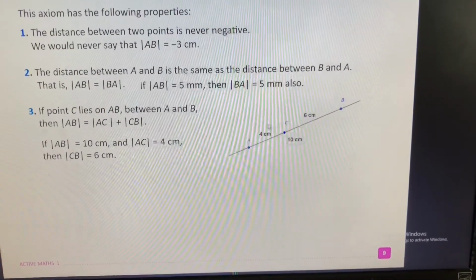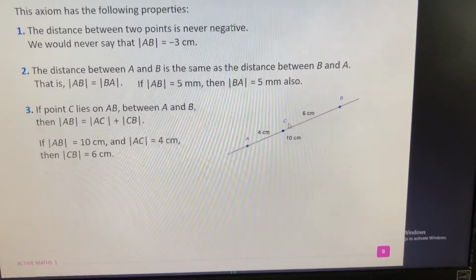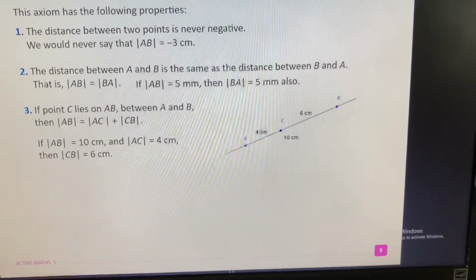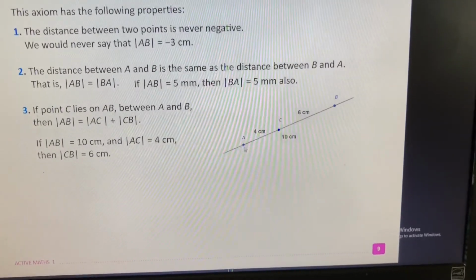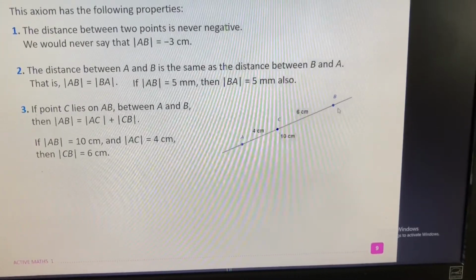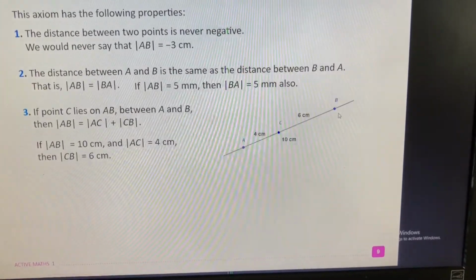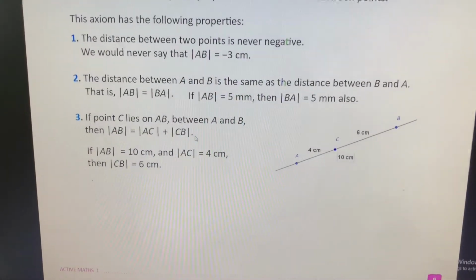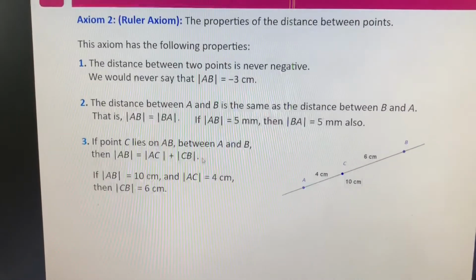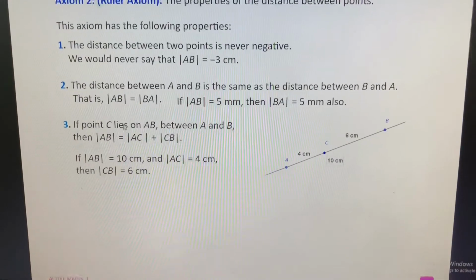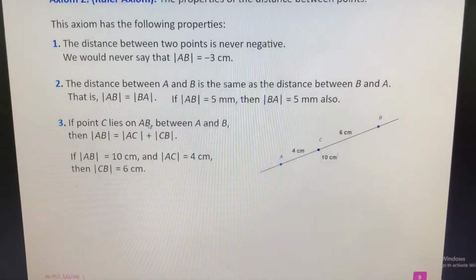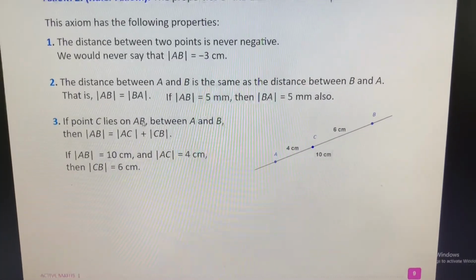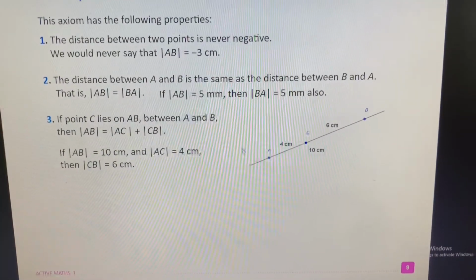A to C measures 4 and C to B measures 6, and together 4 plus 6 is the same as measuring from A to B, 10. So that helps us to understand this sentence that is part of axiom 2. If point C lies on AB, so we have a line that passes through the points A and B, and we can see that here.